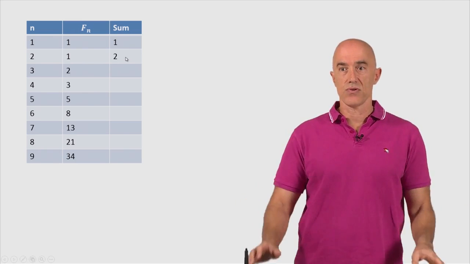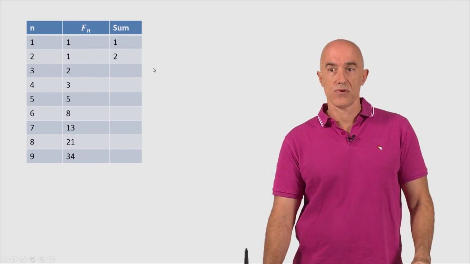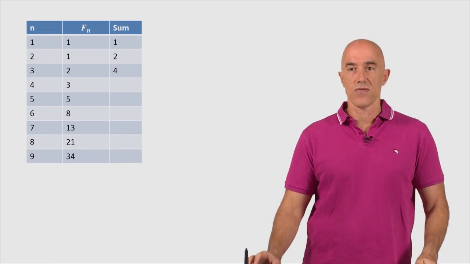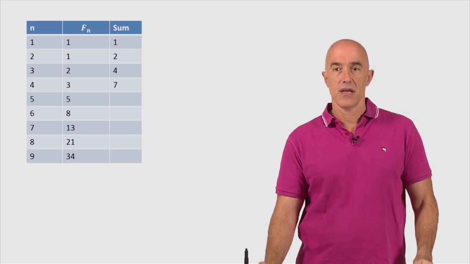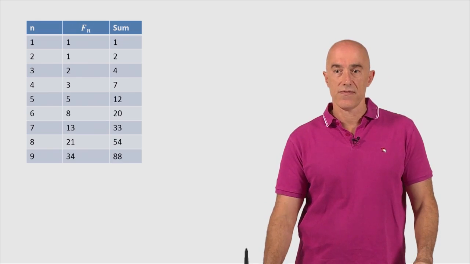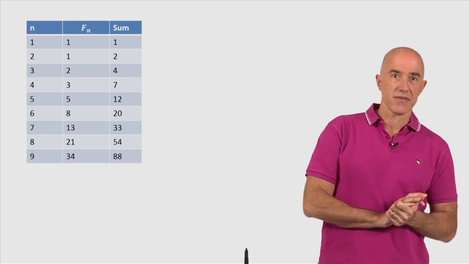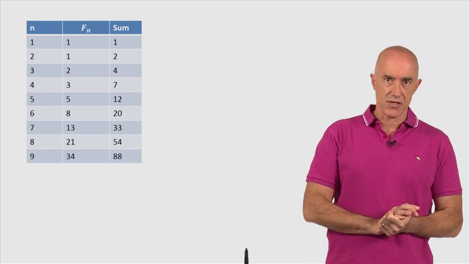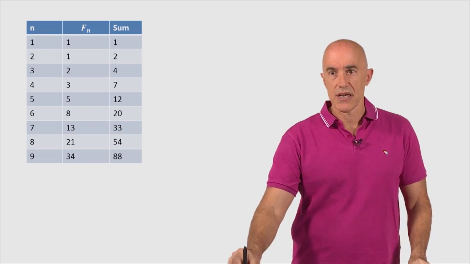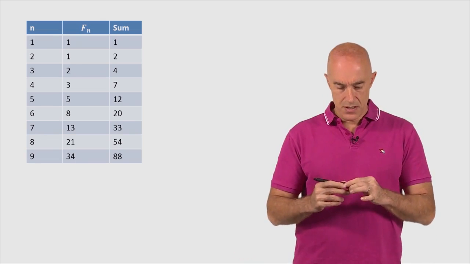So we add 2 to the number 2, and we get 4. Then we add 3 to the number 4 to get 7. Then we add 5 to the number 7 to get 12, and so on. So we can get the sum of the first n Fibonacci numbers. Okay? Then let's look at these numbers.